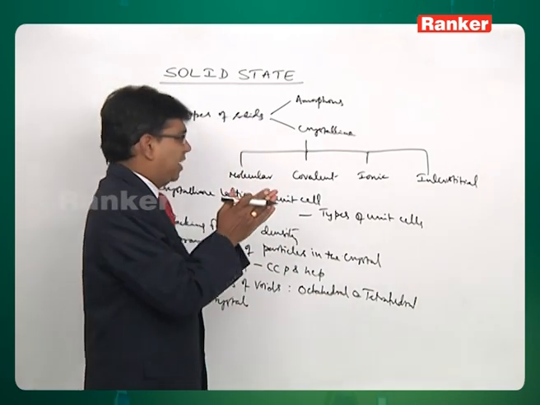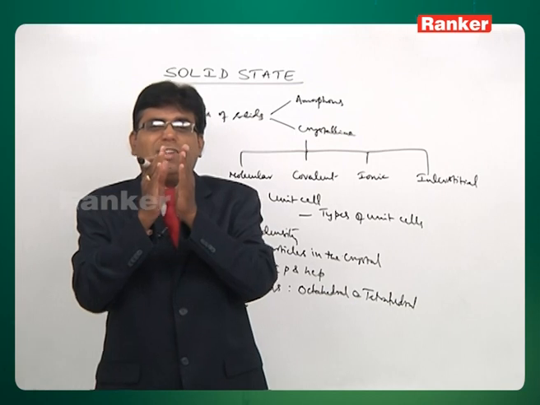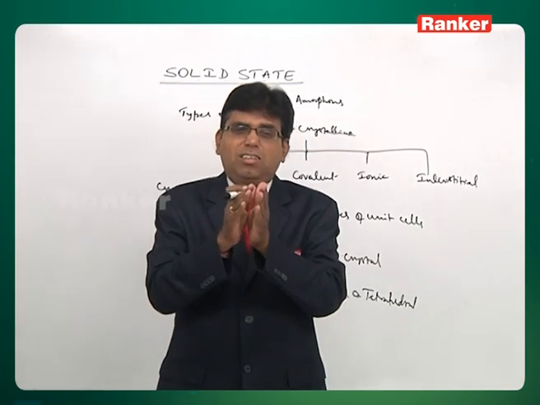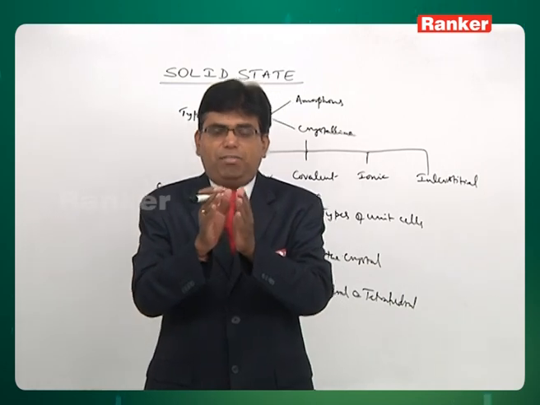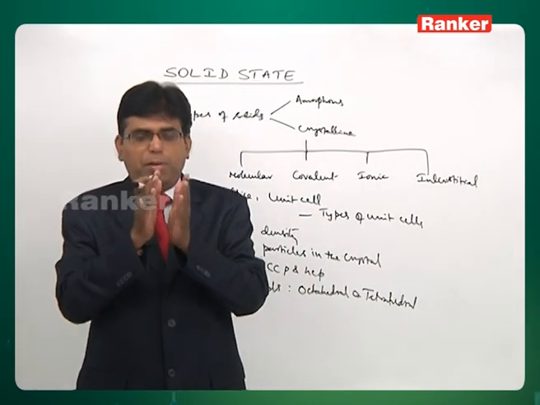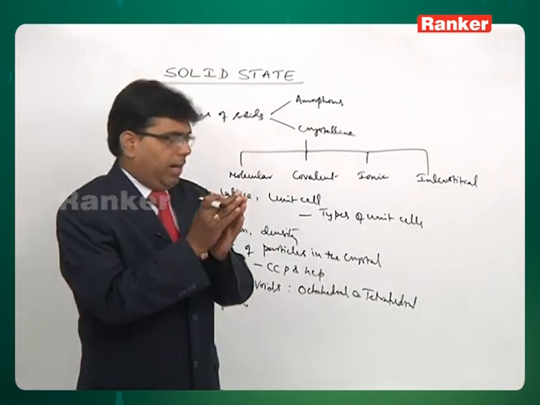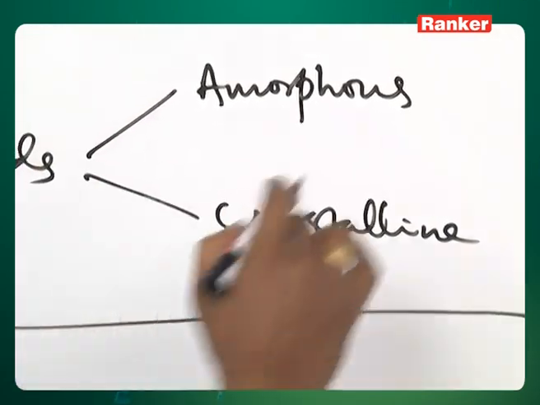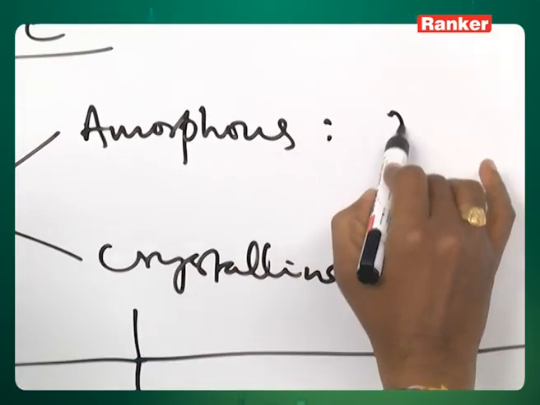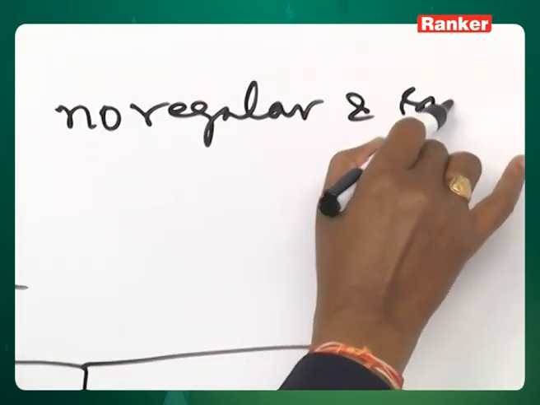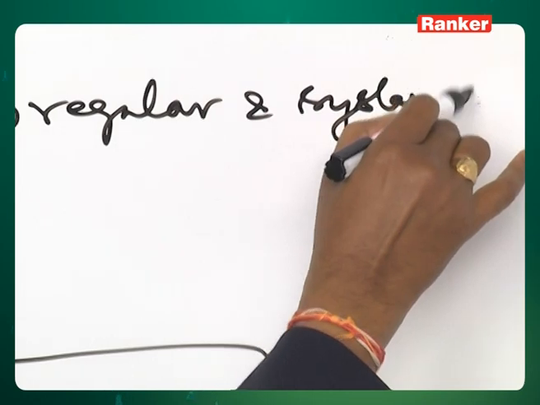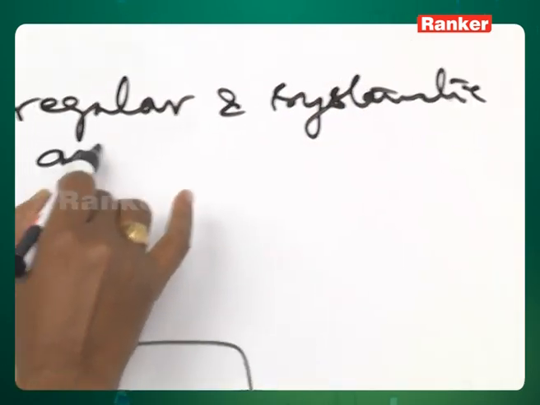So basically the point is that in crystalline solids, a regular systematic arrangement of atoms will be taking place, and in the case of amorphous solids, no regular and systematic arrangement.